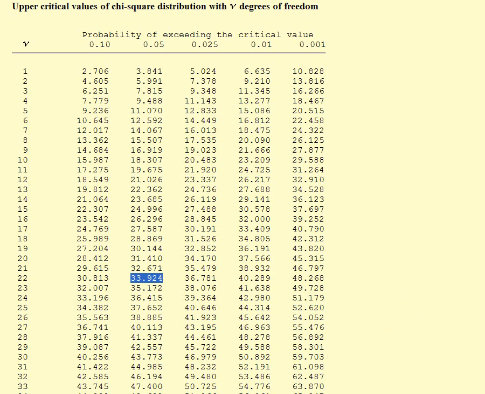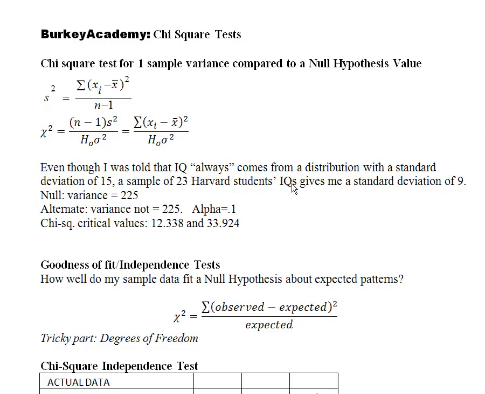So let's go back and actually calculate our statistic. This one is pretty simple to calculate. We need to take n minus 1 times the sample variance. Our sample standard deviation was 9, so our sample variance will be 81. And so we take n minus 1, 22, times 9 squared, or 81.